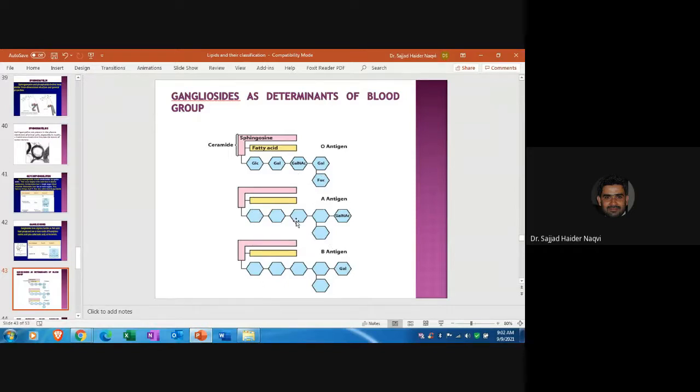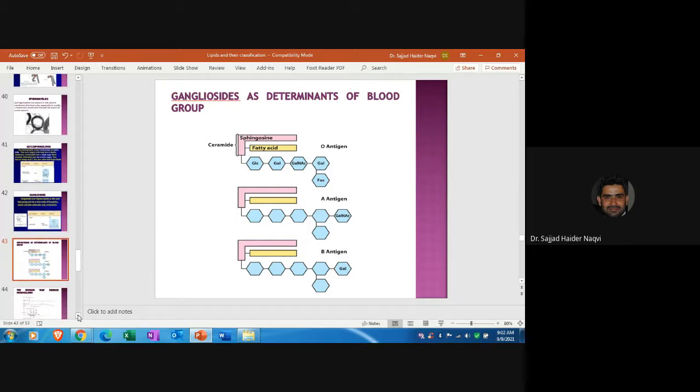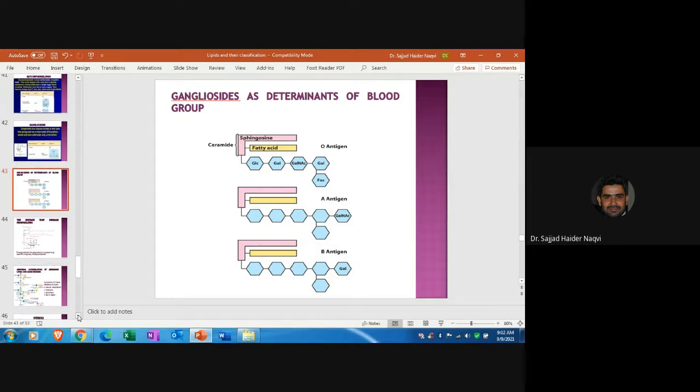So that oligosaccharide attached with these three have got some differences, based on which we have got O antigen, A antigen, and B antigen, which is the blood group O, A, and B. And we've got both A and B antigen, that's the blood group AB, right? So this is the important role of the ganglioside in the body.